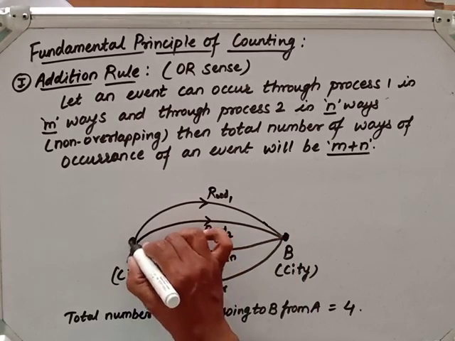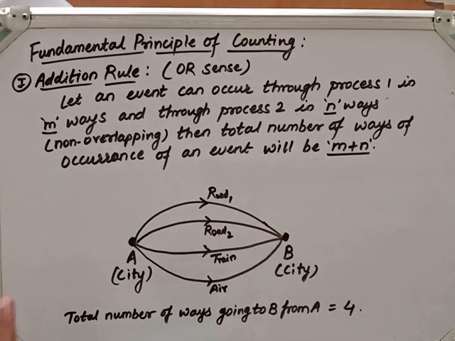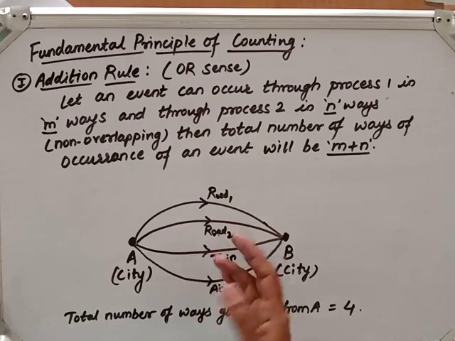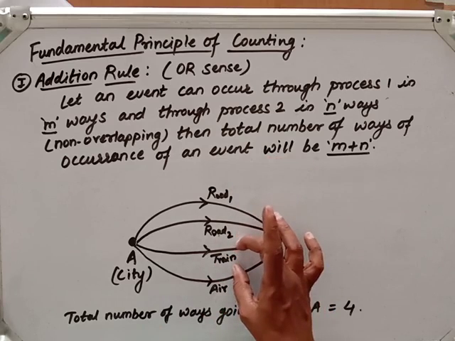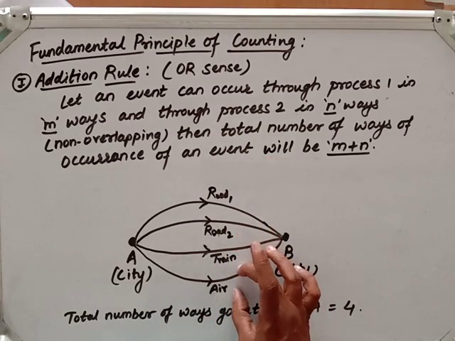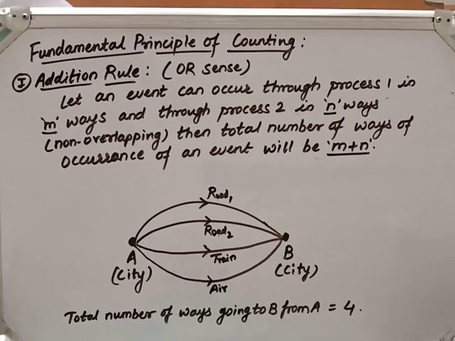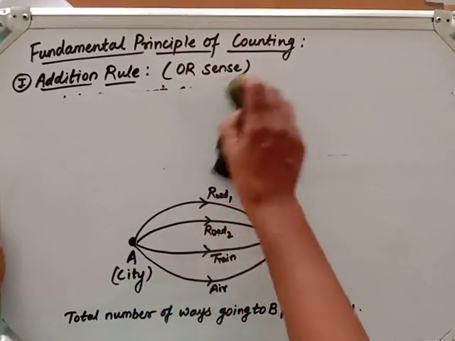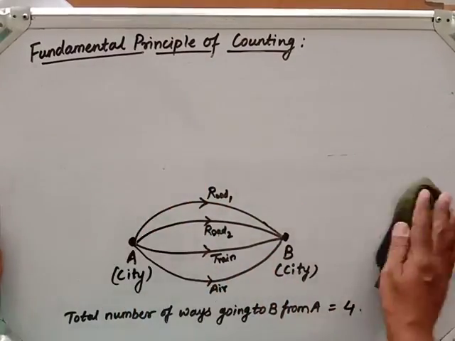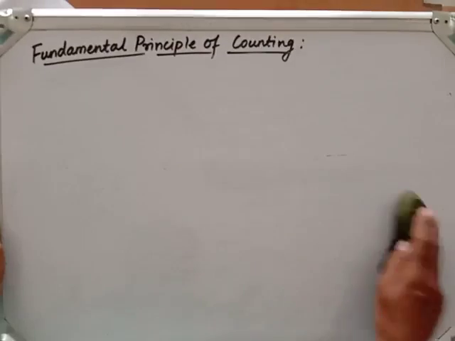We can write 2 remarks here, or the notes you can say. This addition means what? Or. Either we can go by road, or we can go by train, or we can go by air. So here this addition gives the sense of what? Or sense.